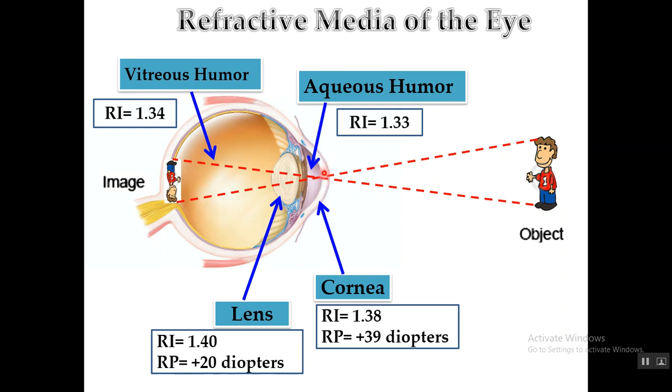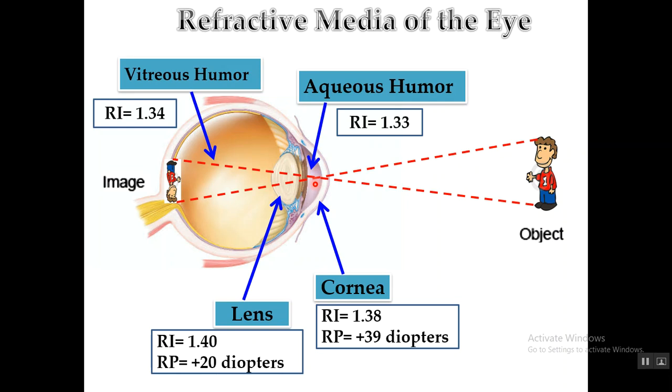So in this condition, this medium acts as a convex lens. But when the light comes from a medium of high refractive index to a medium of low refractive index, it will be divergent, so this acts as a concave lens.